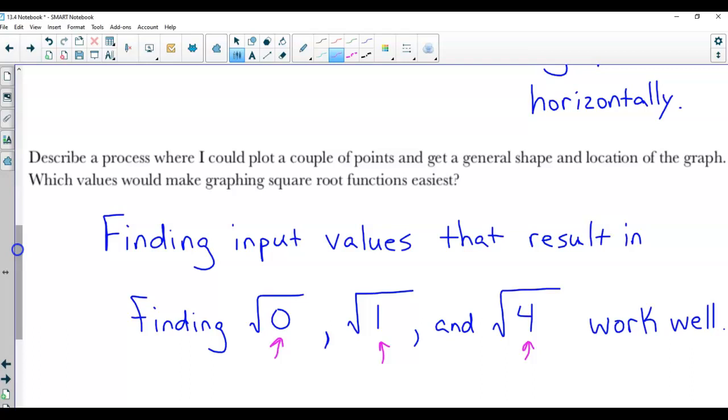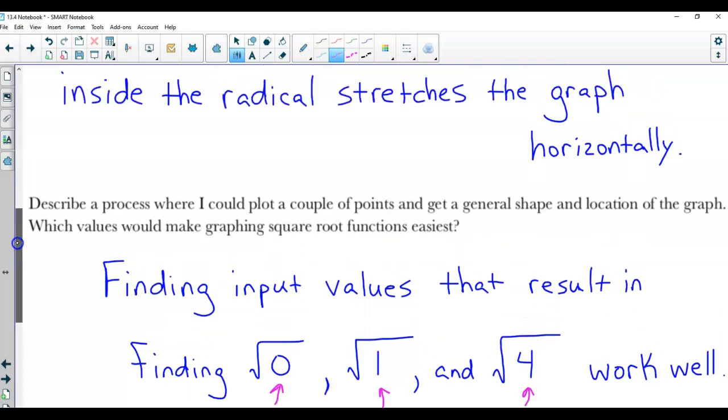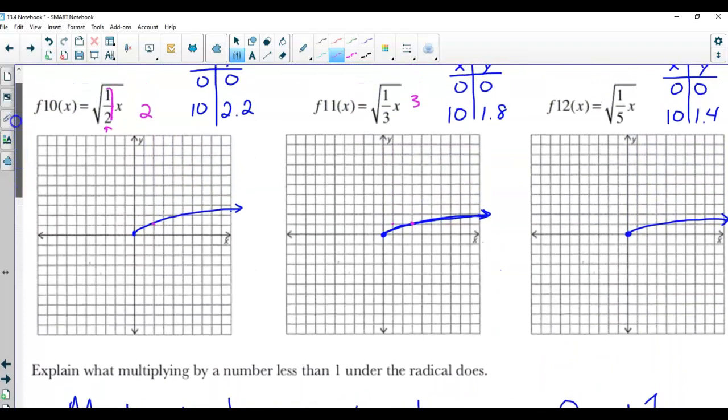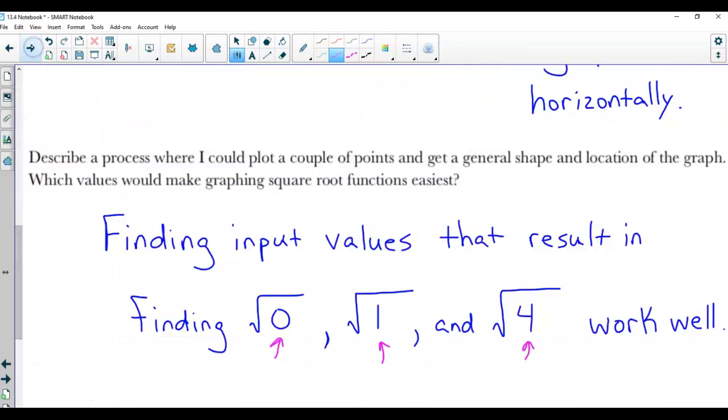So we are thinking about it before we go in. We want perfect squares. And with the numbers I am plugging in when I'm multiplying underneath the root by a constant to get that perfect square, that number is changing what I'm plugging in. That's why it's horizontally affecting the graph, okay?